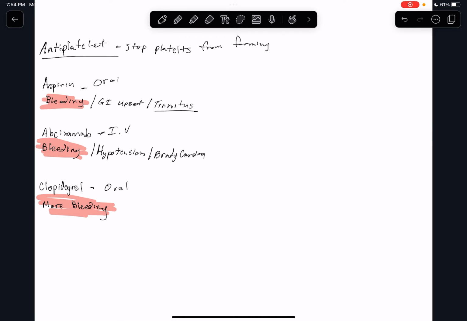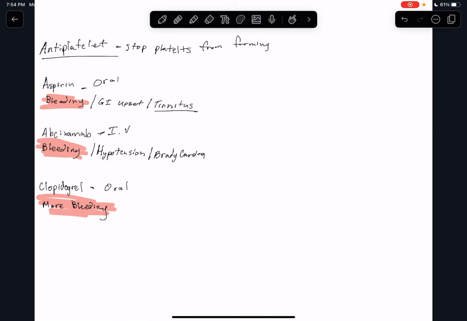So if they have ringing in the ear, they need to notify you, okay? With this one with the weird name, we're monitoring their heart rate and their blood pressure because they have a chance at hypotension and bradycardia. Check their vitals. If it seems like they're trending down on either one of these things, let's try and talk to the doctor, especially if it's a new medication that they're getting.